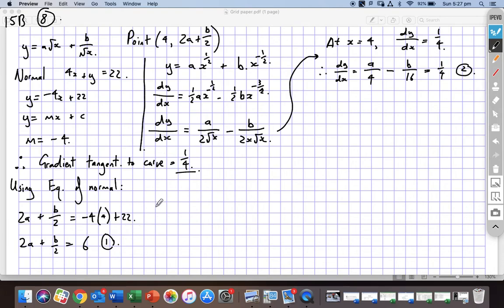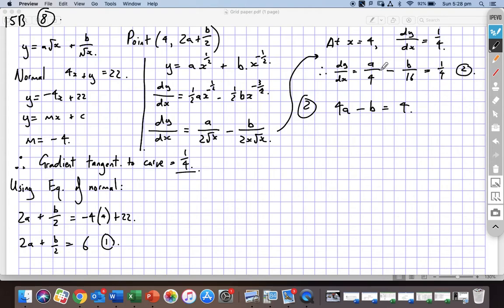If you're like me, your favourite method is the elimination method, so I think I'll use that. This equation here is full of fractions which I don't like. I might manipulate both of them actually. So I'm going to rewrite equation 2, but I'm going to times everything by 16. Right, so you get 4a minus b equals 4, right?